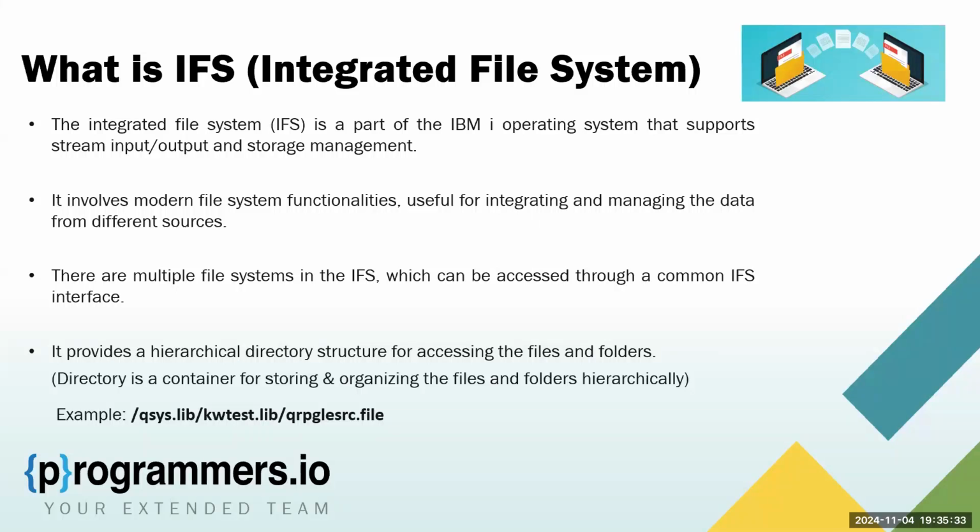And then at the end, it is qrpglesrc.file. So QSys will be called the parent directory of the kwtest library, and the kwtest library will be the parent directory of qrpglesrc. This is one example of a directory link.